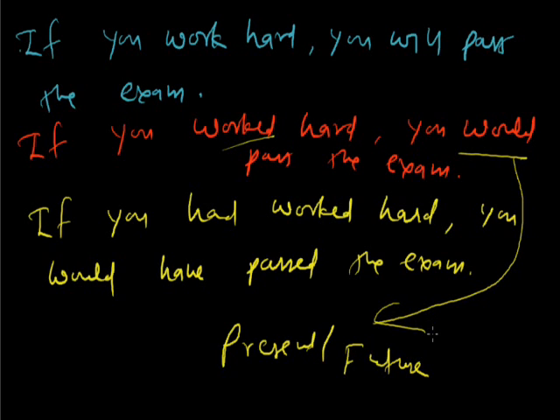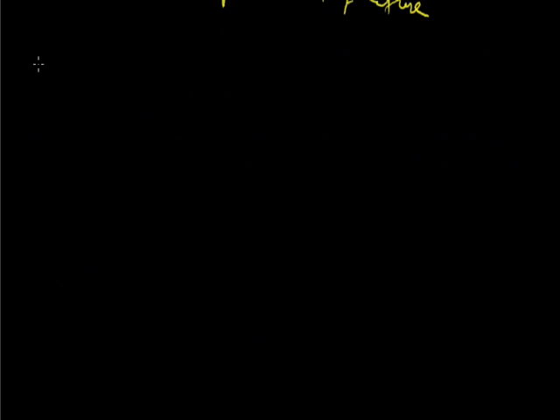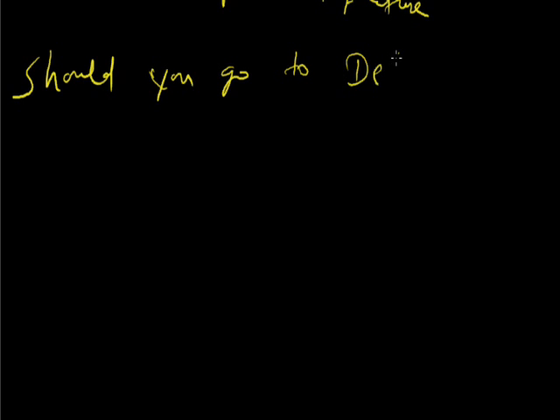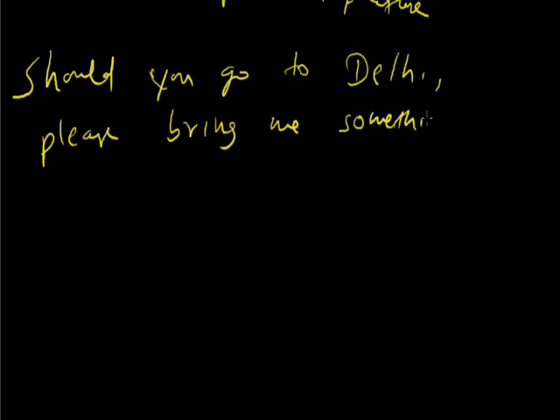Well, there are some more ways of making conditional sentences. As we have some time, let me discuss with you those also. Look at this sentence. Should you go to Delhi, please bring me something.